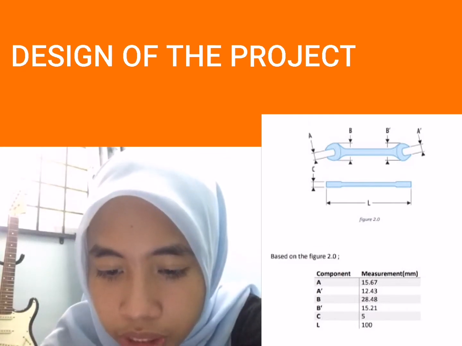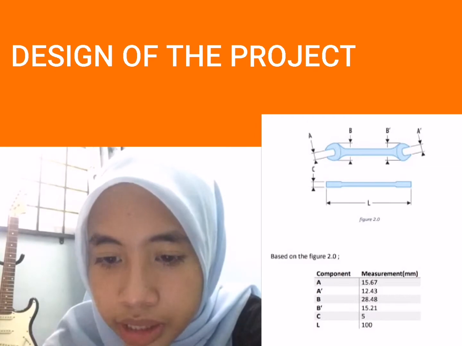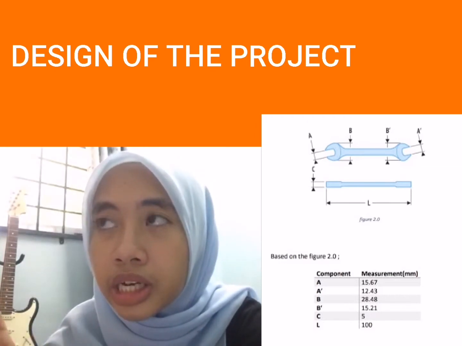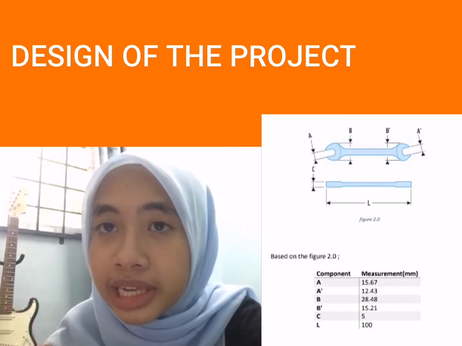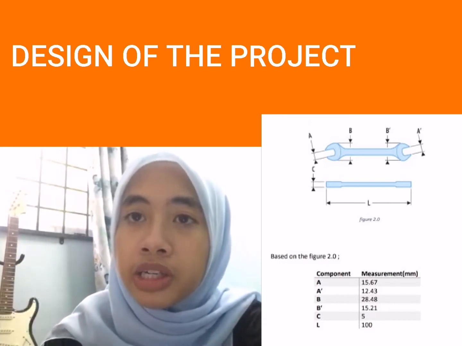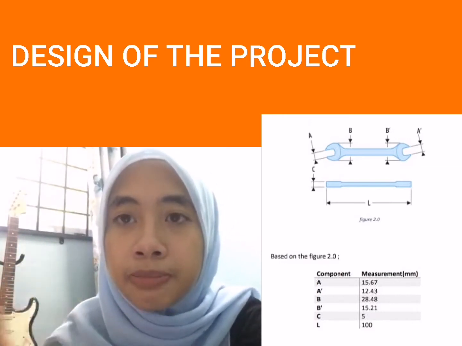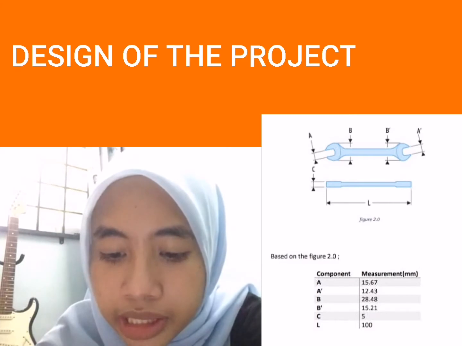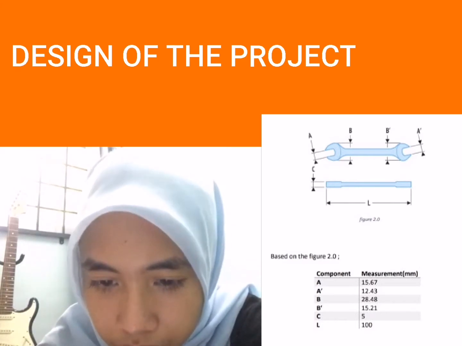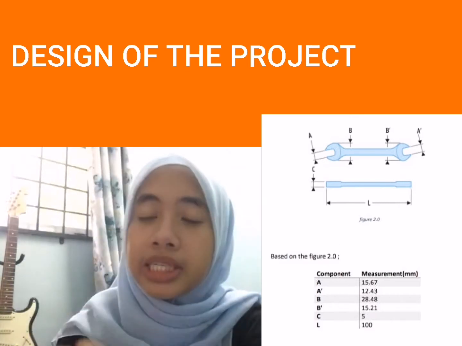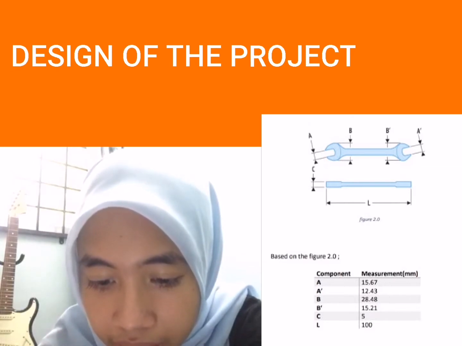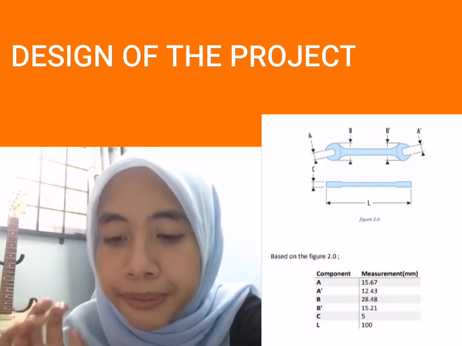So for the head part, there are also the smaller size and the bigger size part. I'm going to explain about the biggest size part first. The biggest size part consists of 15.67 millimeter apart, and they have a thickness of 5 millimeter.